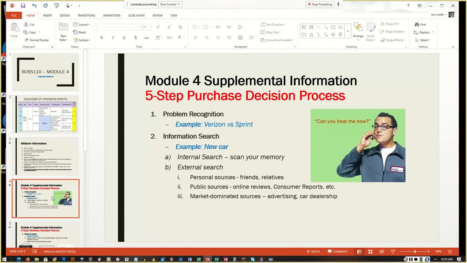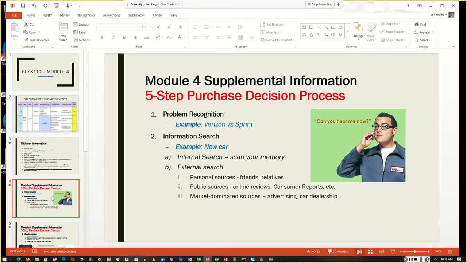All right, so as I said before, we're going to be discussing consumer behavior for Module 4. When discussing consumer behavior, it's very important for marketers to fully understand the mental and social processes that are involved with choosing a product, making a purchase, picking between brands and choices, and actually using the product or service.